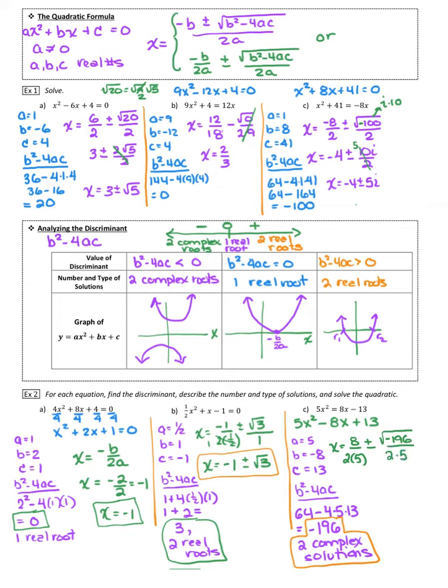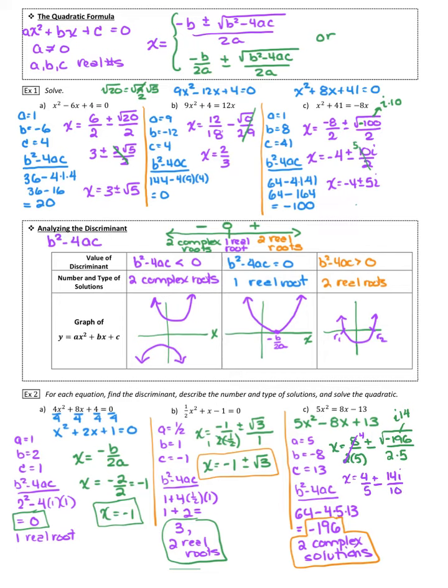So I have 8 over 10, which we know can reduce to, put a 4 here, so x equals 4/5 plus or minus the square root of 196, well, the negative part, remember, becomes i, and the square root of 196 is 14, and so we've got here 14i over 10.